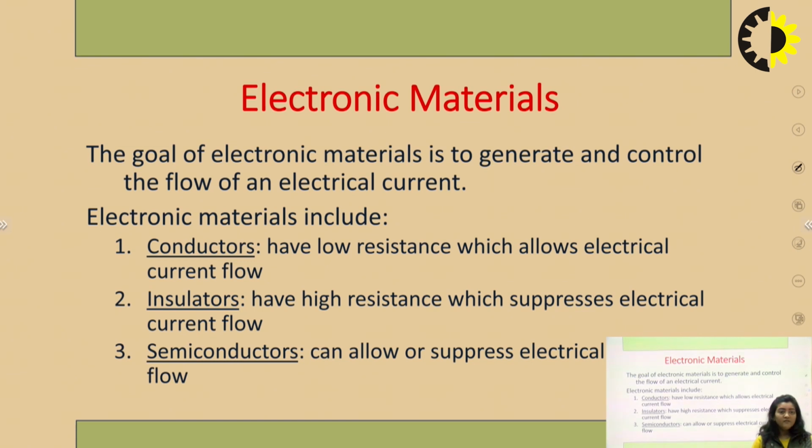Then we have one very important category of electronic materials, which is the semiconductor. A semiconductor will allow or suppress the flow of electrons depending upon the condition you apply to it. Semiconductors were invented because you can modify the flow of electrons through them, which cannot be done in conductors and insulators.